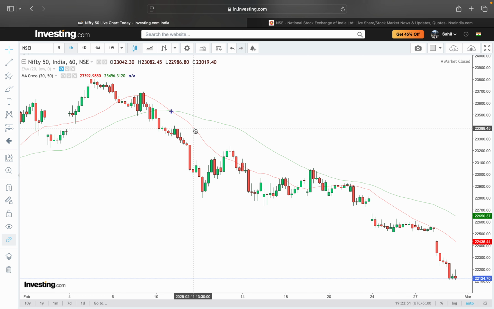Since 20 is the more recent number, because it is trading below the 50, it means that the recent price closes are below the longer term price closes, and therefore this bearish crossover is usually an indication of a downward or a bearish trend.